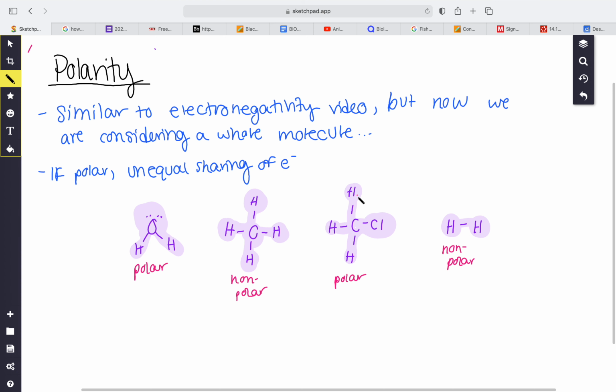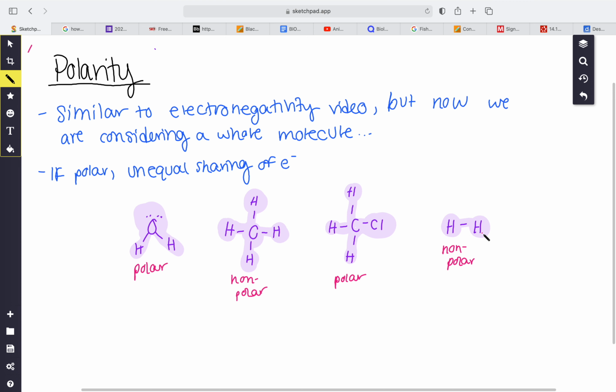Even if the hydrogen was stronger than the chlorine, we know that one of them is going to be pulling at it a lot more, which means it's going to be polar. In this example, chlorine is more electronegative. Again, you don't necessarily have to know that, but you can see in this drawing how it's more polar. It's because that electron cloud is getting pulled towards those chlorines, so it's an unequal sharing of those electrons.